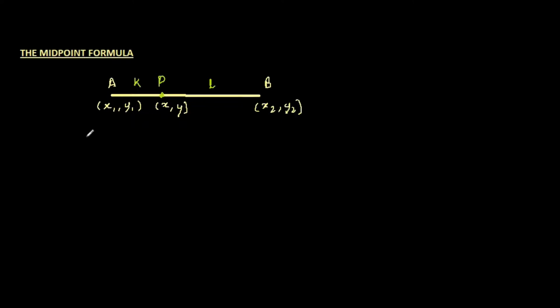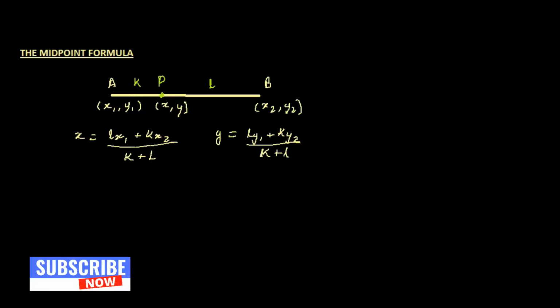So the section formula said that x is equal to (l x1 plus k x2) over (k plus l). And the y coordinate would be (l y1 plus k y2) over (k plus l). Now one thing which I told you in the last video was to not make a mistake here, because we generally make a mistake.